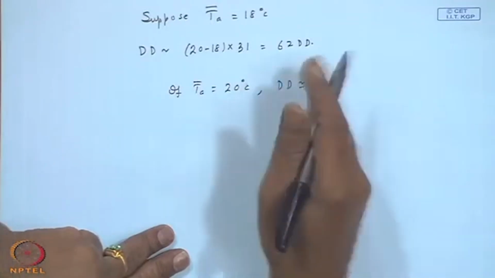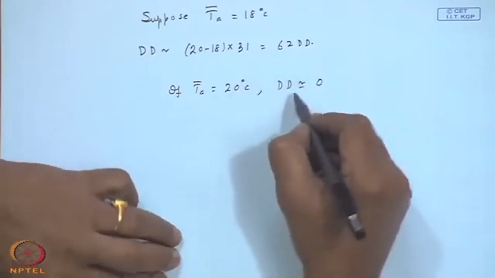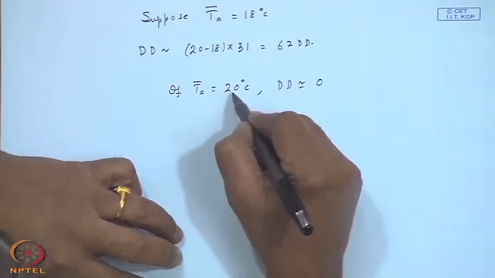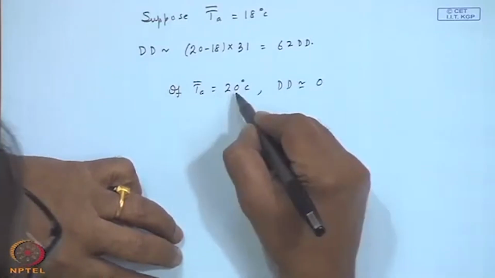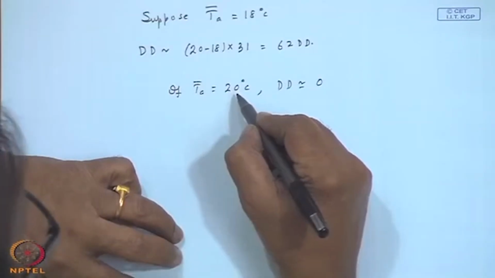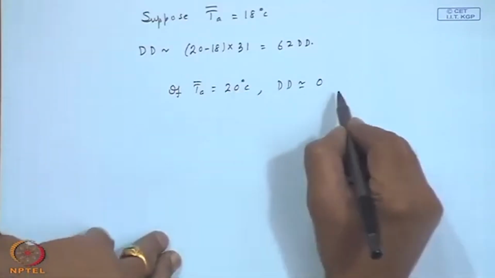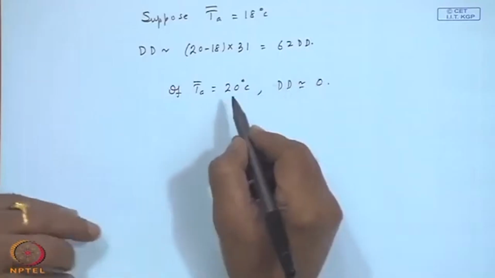Of course, if you average it out, what it means is the cold when the temperature is less than 20 is to be compensated by heat when the temperature is more than 20. As an energy conservation, it is right, but not for human comfort.